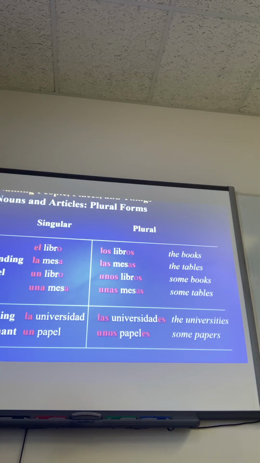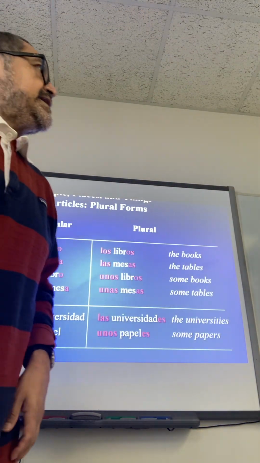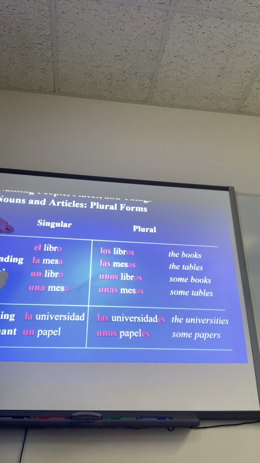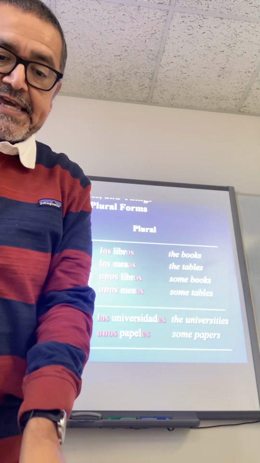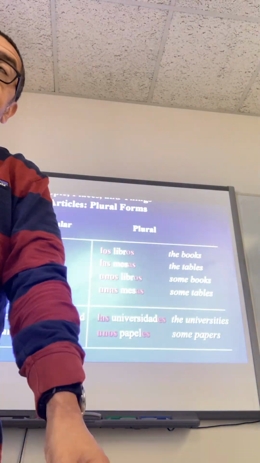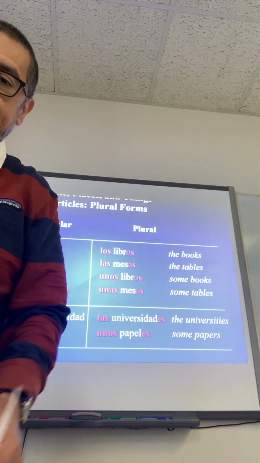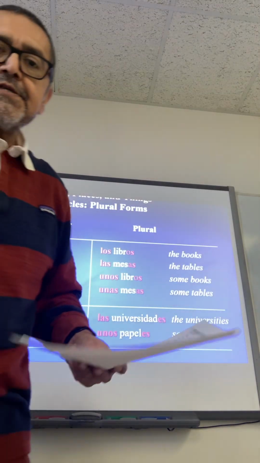Lo siento, I hate when I misspell words. Needed an accent. It was bothering me. So, in Español, you also make the un and una plural, and there they are. And if you have a word that ends in the letter Z, you have to change the Z to a C and add ES.